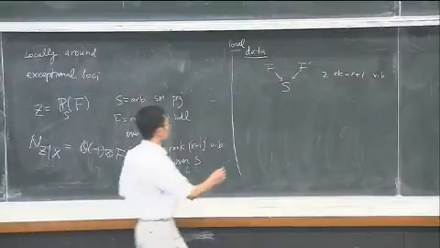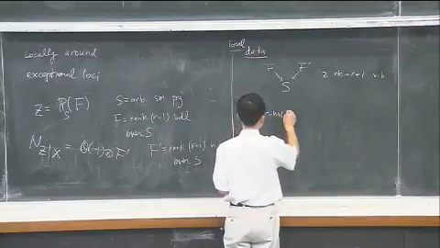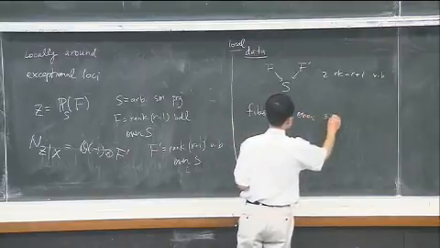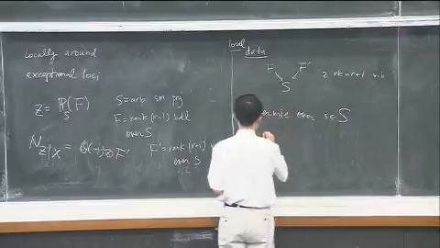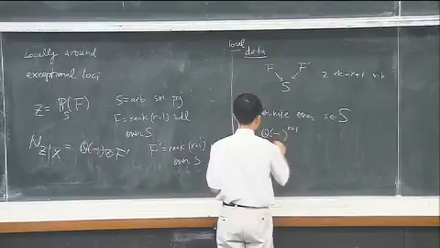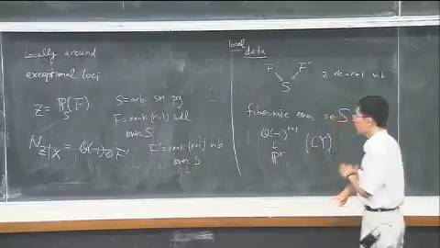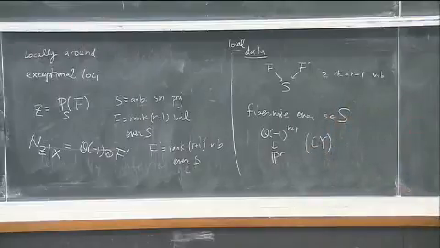So fiber-wise, for those who know a little bit, over a point s in S, it will look like O(-1) to the R plus 1 over projective space. So it's like Calabi-Yau. But the base is completely arbitrary. So you have fibers that look like Calabi-Yau, but the base is completely arbitrary.